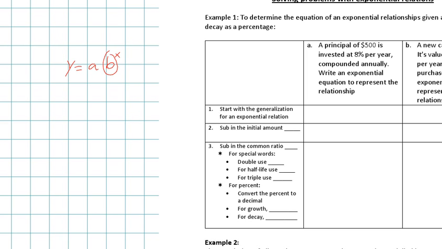And we talked about that when we are given rates, like a percentage, 2%, 3%, 4%, we have to change that b into y equals a(1 minus i) for decay, and y equals a(1 plus i) for growth.